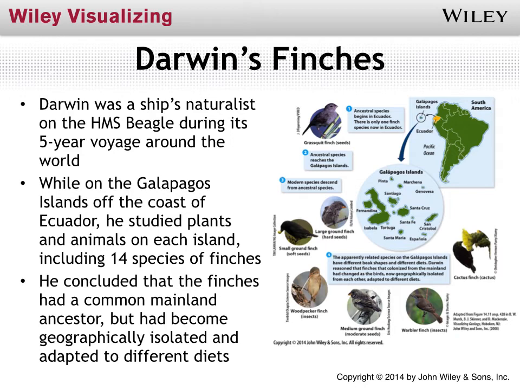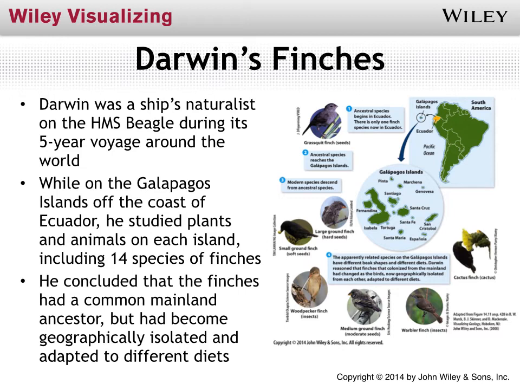Again, Darwin was fortunate that on the Beagle, the ship he was on, they happened to sail off the coast of Ecuador in South America and stumbled on the Galapagos Islands. On their visit to all these different islands of the Galapagos, he studied all the different plants and animals on each of the islands. And among other things, he studied a series of finches, 14 different species of finches that existed on different islands. He found one species of finch that was in an area on one particular island that fed a certain way.